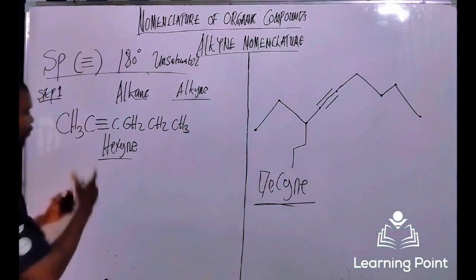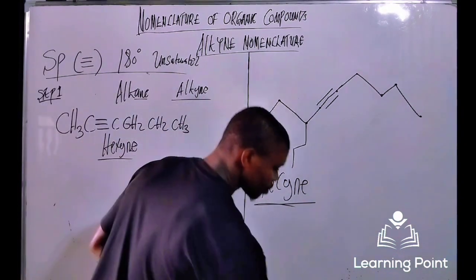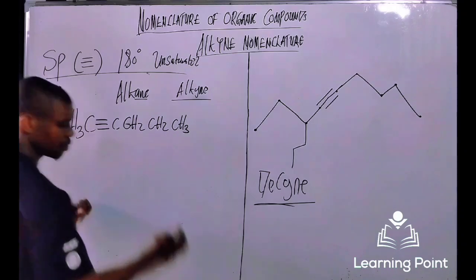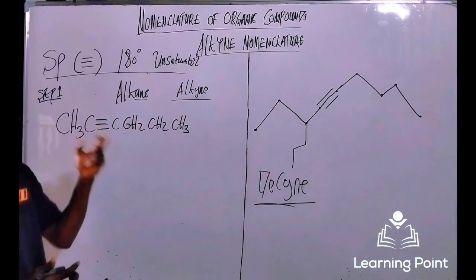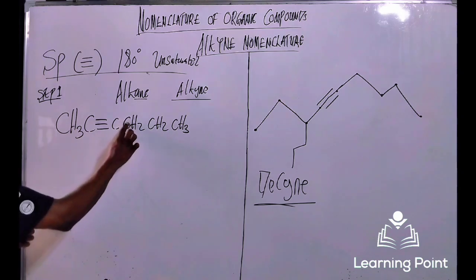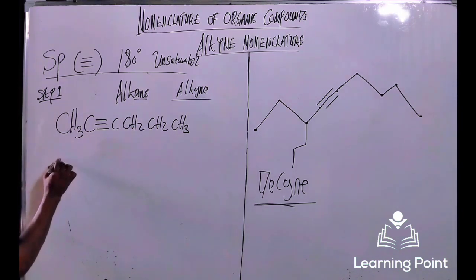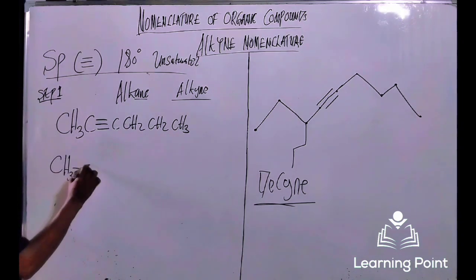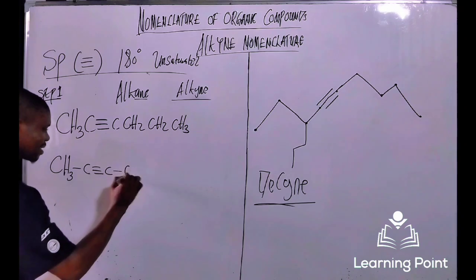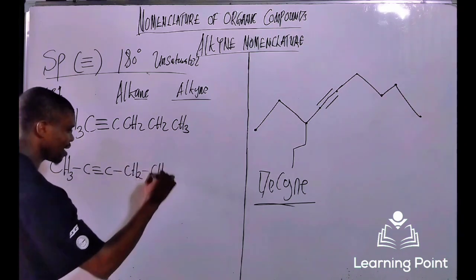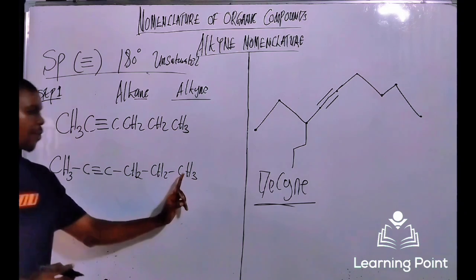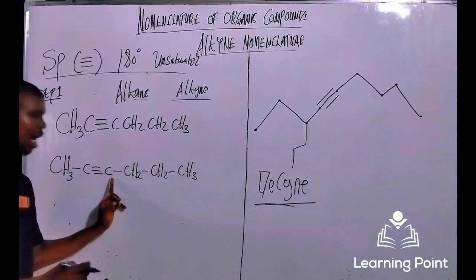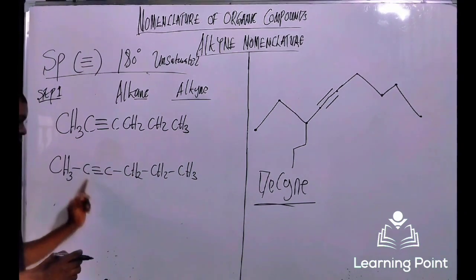Let's take this guy here. 1, 2, 3, 4, 5, 6, hexyne, right? Now, let's say CH3, C triple bond, CH2, and CH3. If I start from here, we have 1, 2, 3, 4. Carbon number 4 carries the triple bond.